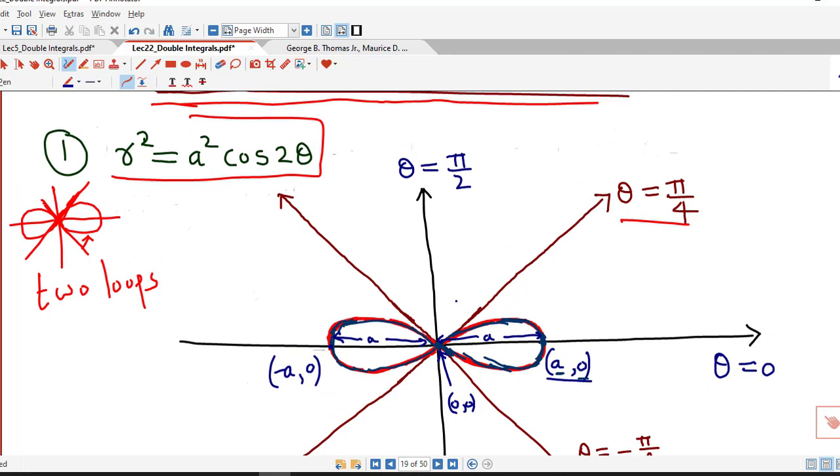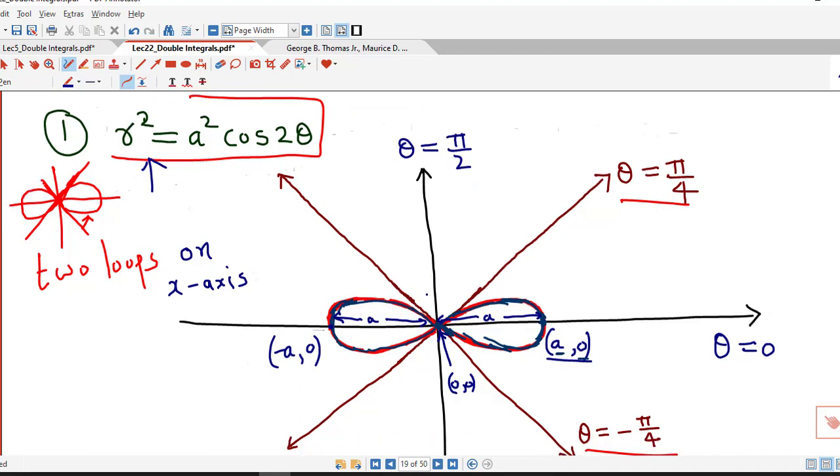So if we have r square equal to a square cos 2 theta, we have both the loops on x-axis. So lemniscate has two loops on x-axis if its equation is r square equal to a square cos 2 theta, and we will remember this shape of lemniscate given by this equation.